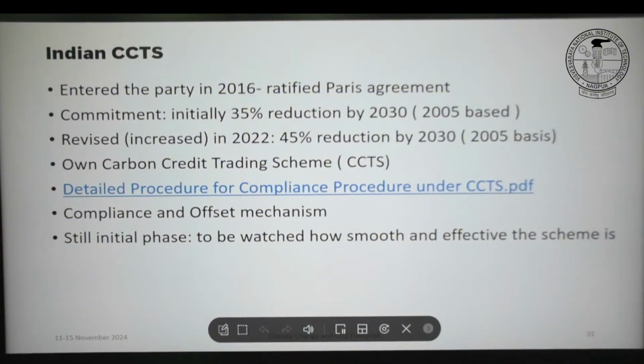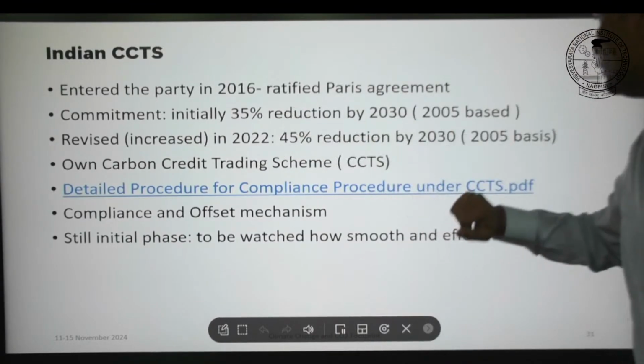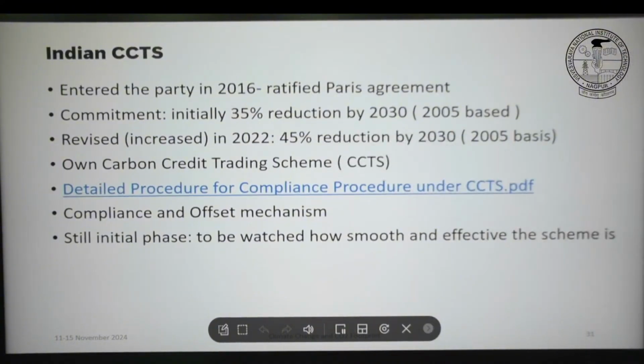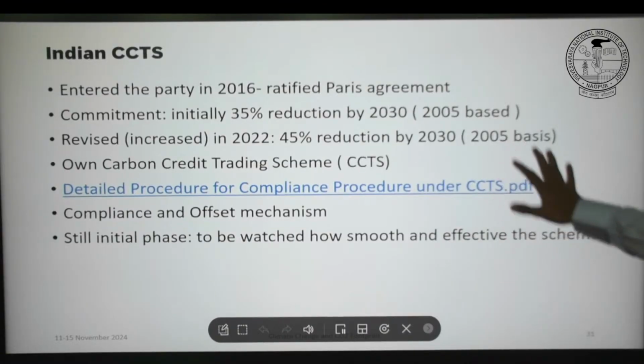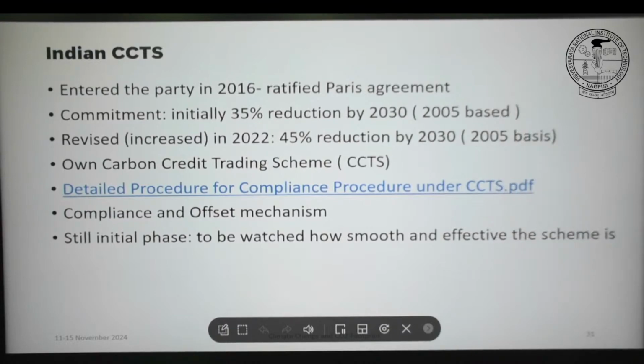We committed initially to a 35% reduction based on 2005 emissions by 2030. I was telling earlier that it's a proud thing for us. We always revise our targets, but in the positive direction, not in the negative direction. So for 2030 we said 35%, we already revised it to 45%. It's more or less based on the European ETS. I have a link in the slides here. You can have a detailed look at it.